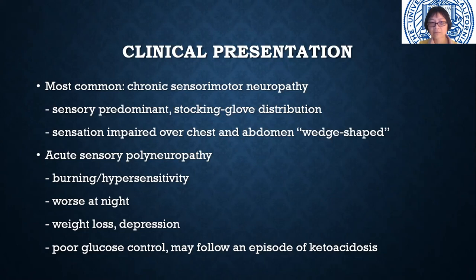Because of the severe burning pain, the patient may get significant depression and weight loss. And usually the acute sensory neuropathy occurs when the patients with diabetes have very bad glucose control. Sometimes they may have an episode of ketoacidosis before they develop the acute sensory neuropathy.